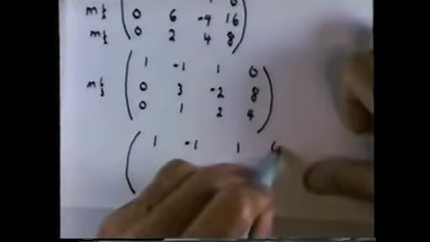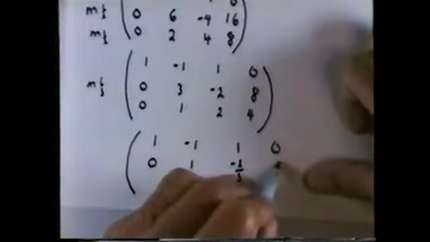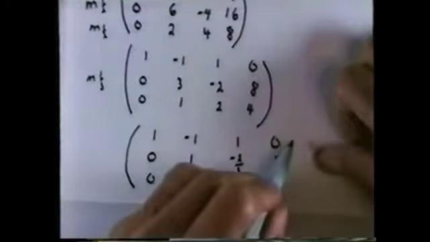That would be 1, negative 1, 1, 0, 0, 1, negative 2/3, 8/3, 0, 1, 2, and 4. So now I've got the 1s.